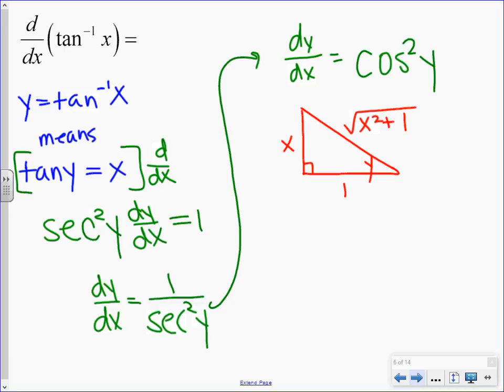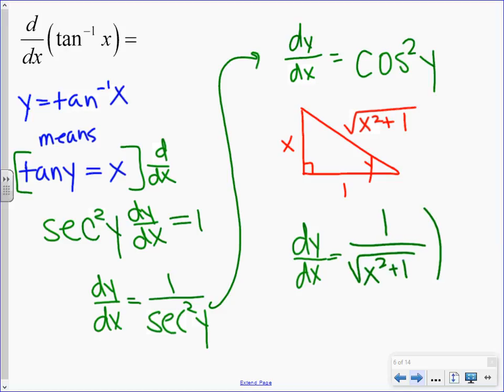Good. Adjacent over hypotenuse. So we are going to write what? 1 over the square root of x squared plus 1 squared. This is the cosine ratio squared for cosine squared.